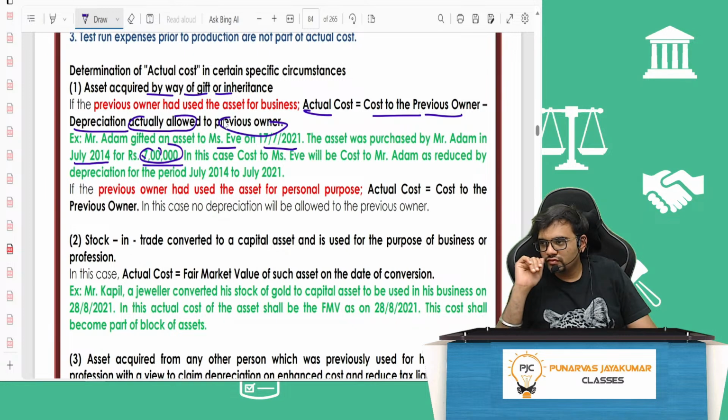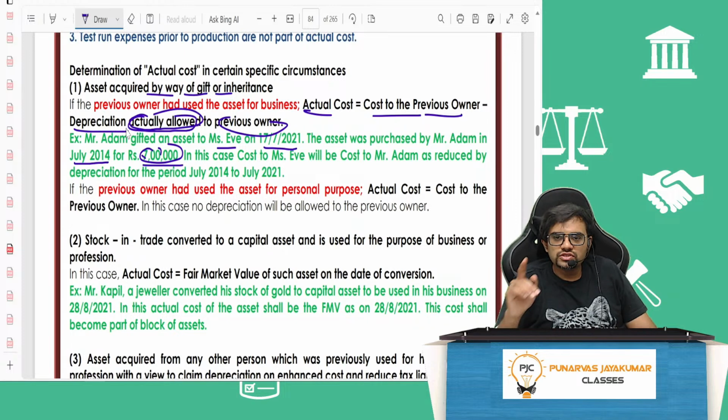She will record at 1 crore or she will record at 25 lakh? 1 crore. Why? Because of depreciation actually allowed to the previous owner. If Adam was using it for personal purposes, will depreciation be allowed as per the Income Tax Act? No. So what was the depreciation actually allowed? 0. What is the actual cost? 1 crore.